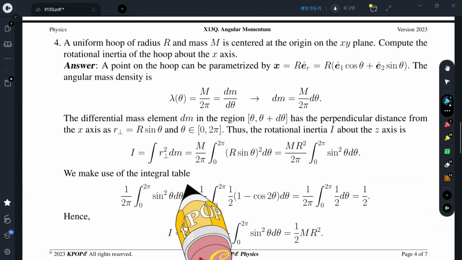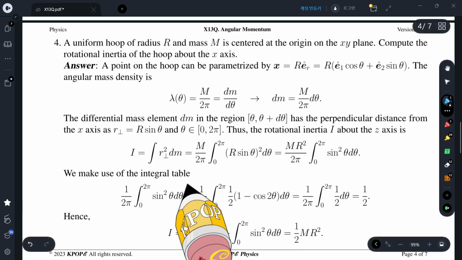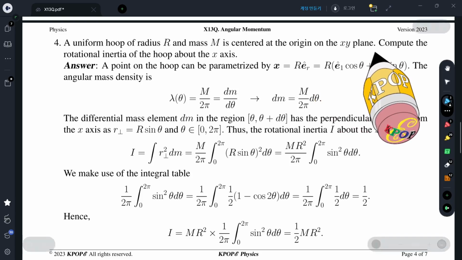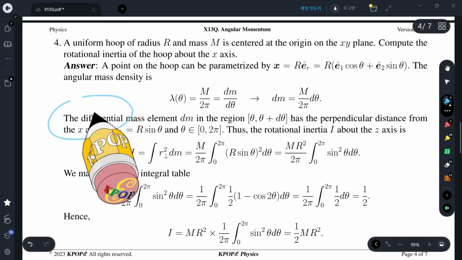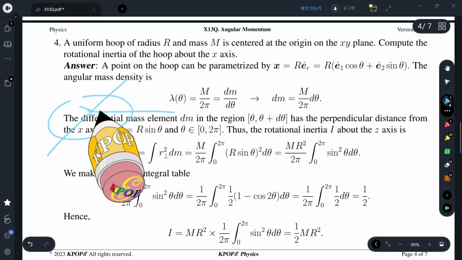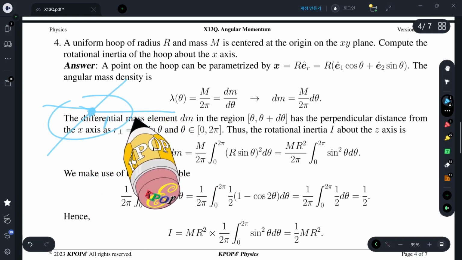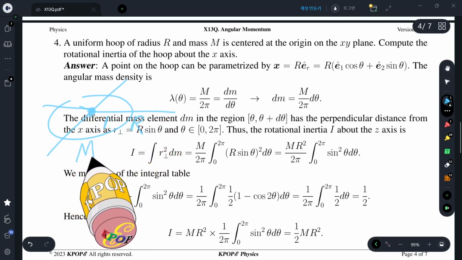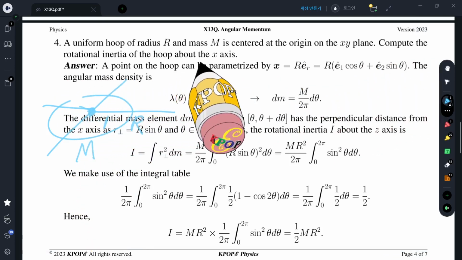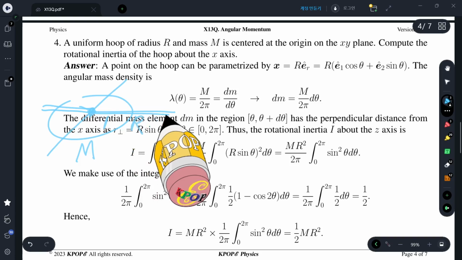A uniform hoop of radius r, the same thing, centered at the origin on the xy plane. Okay, the xy plane, with the origin at the center, radius r, mass m. Find the rotational inertia of the hoop about the x-axis.